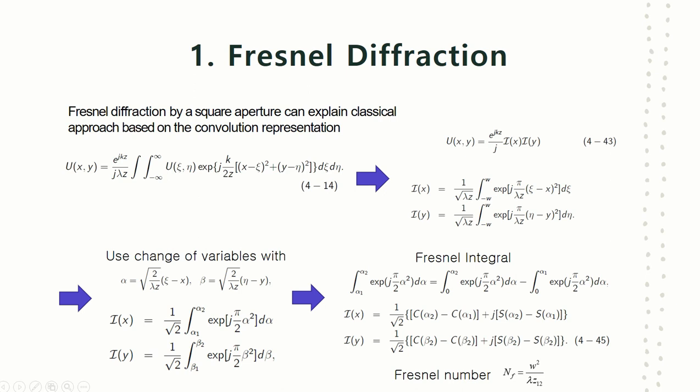By changing variables with alpha and beta, I_y can be calculated by using the Fresnel integral.